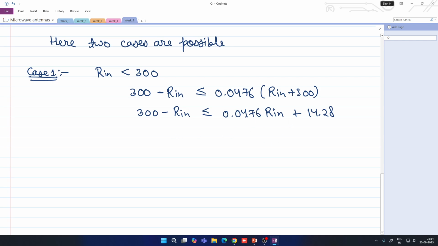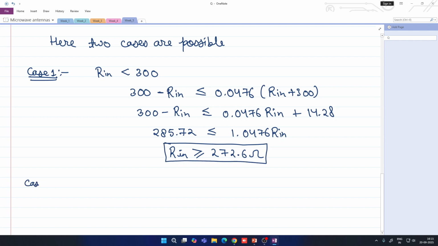Now I can rearrange it and rewrite this: if we take this 14.28 to the left hand side, we get 285.72, which should be less than or equal to 1.0476 R in. So in this case, R in should be greater than or equal to 272.6 ohms.